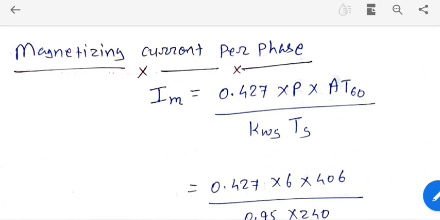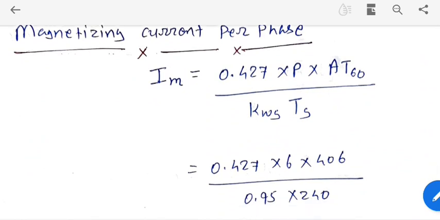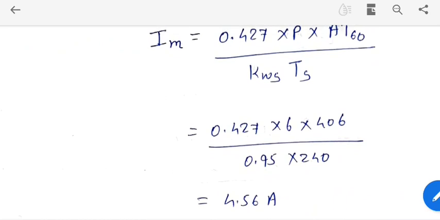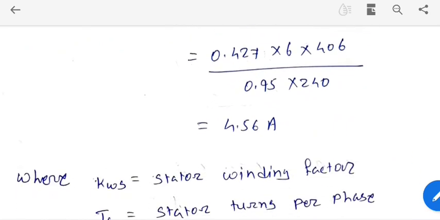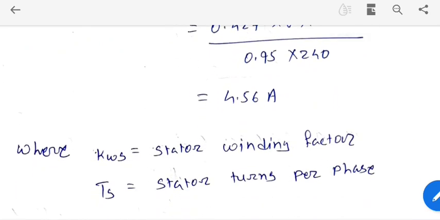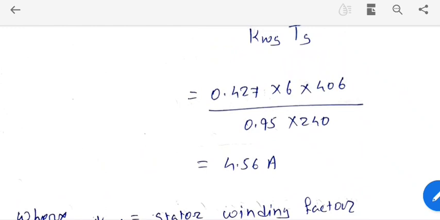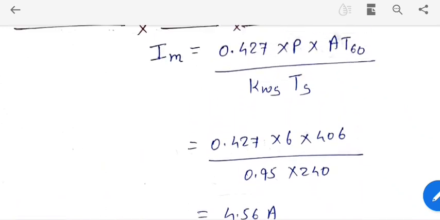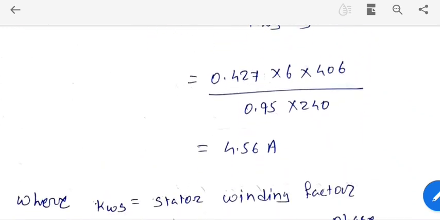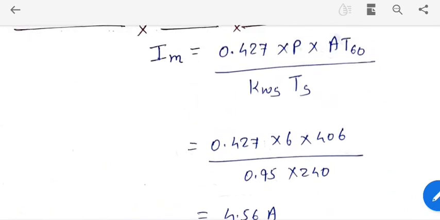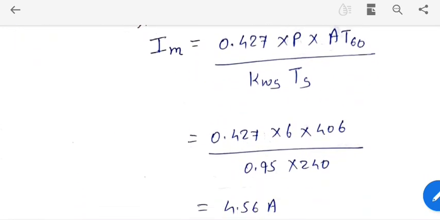For that the equation is 0.427 into P into ampere turn at 60 degree angle divided by KWS into TS. KWS stands for stator winding factor and TS stands for stator turns per phase. When we put all those values in this equation, we find the answer 4.56 ampere as the magnetizing current per phase.